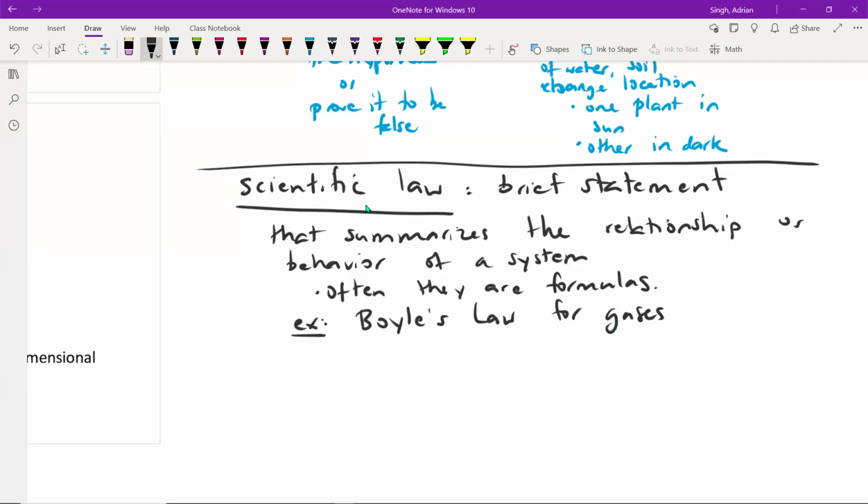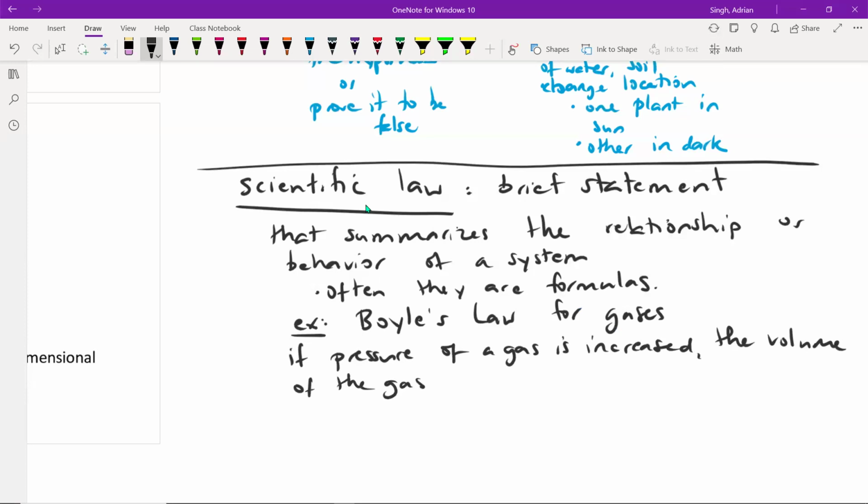And what this law says is that if the pressure of a gas is increased, the volume of the gas decreases. Okay, and this is a relationship that is seen all the time. So it's a summary of the relationship, in this case, between pressure and volume of a gas.